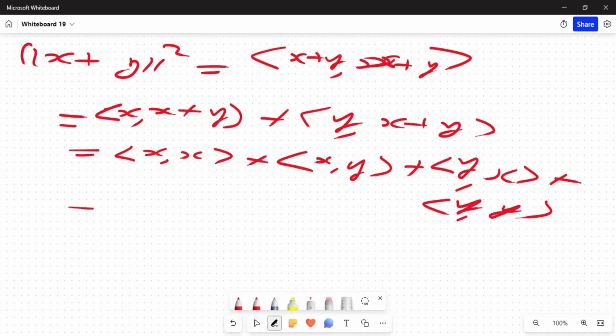Well, this is equal to, for this one and this one, the norm of x squared, plus this one will be the norm of y squared.